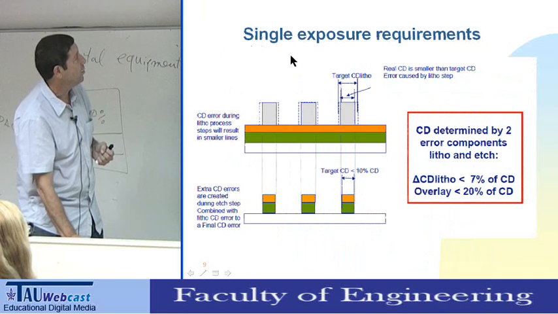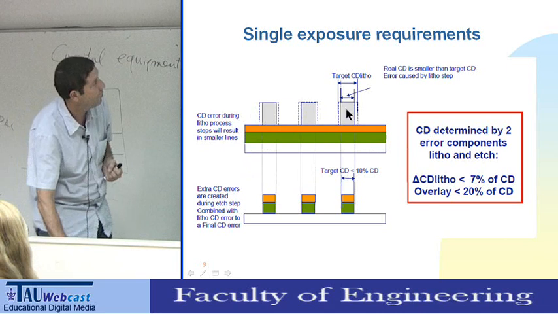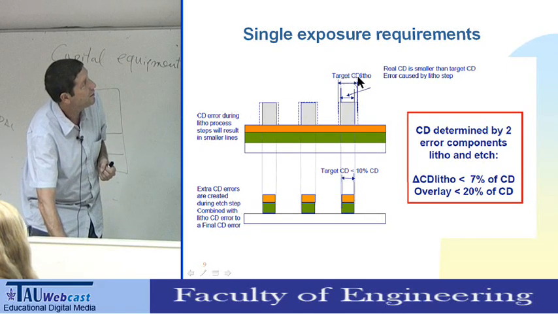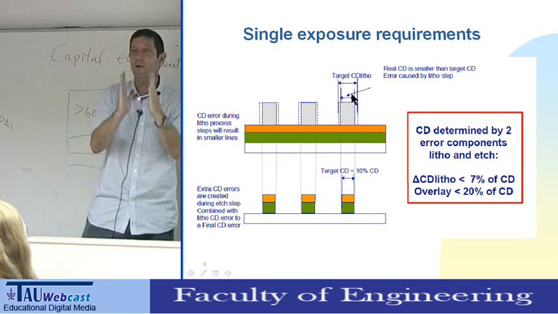Now, single exposure requirements. This is your lithography, this is the substrate, and you have some photoresist. The photoresist has some errors, so you have a target CD in lithography. This is what I told you before. Your CD, your critical dimension, you define it.